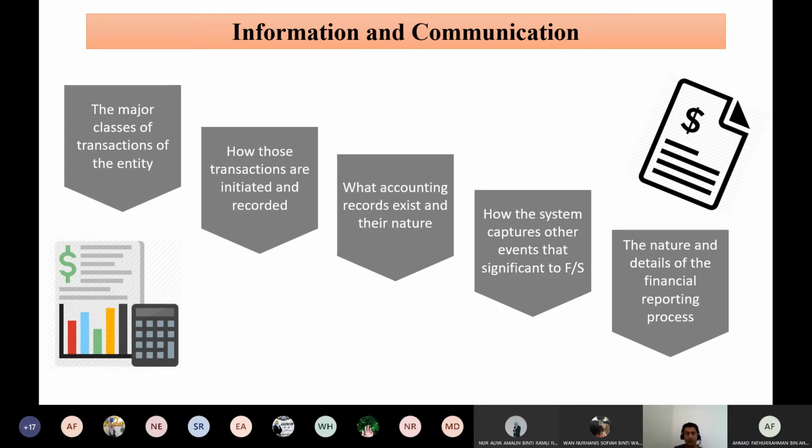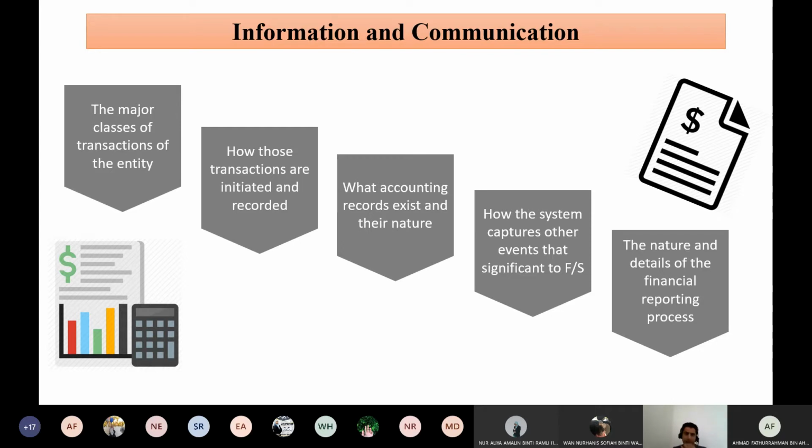Next is how these transactions are initiated and recorded. Three is what the accounting records exist and their nature. Four is how the system captures other events that are significant to the financial statements. Lastly, the nature and details of the financial reporting process.